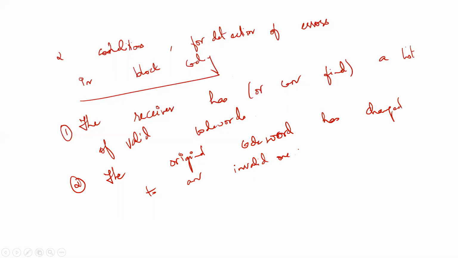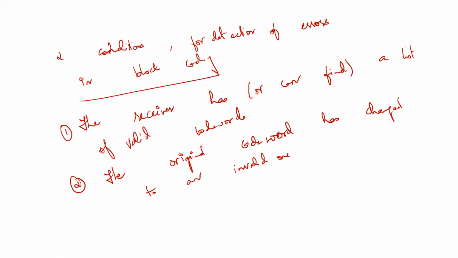So whenever the receiver wants to detect errors by using block coding, the two conditions should be true. That is, the receiver should have a list of the valid code words, and the original code word, obviously, should change to some other one, only then can it detect the errors. If it is transmitted correctly, then obviously there will not be any error.